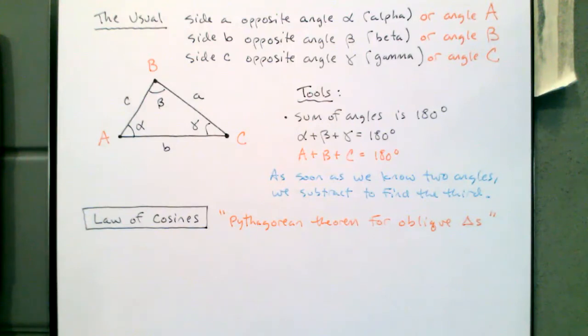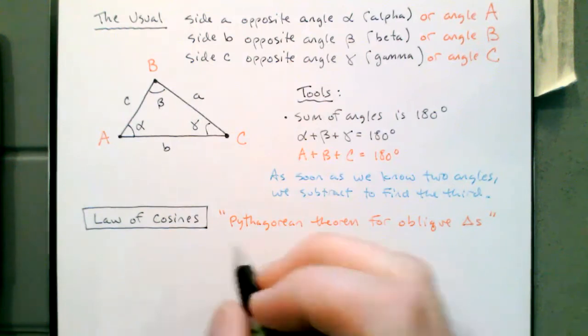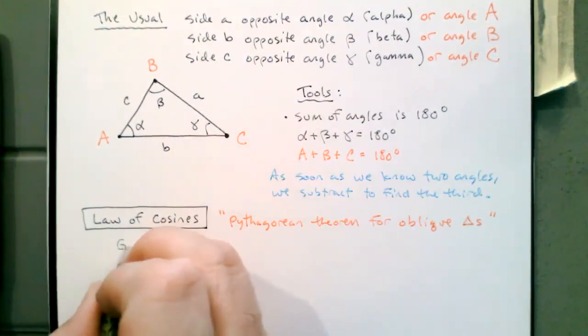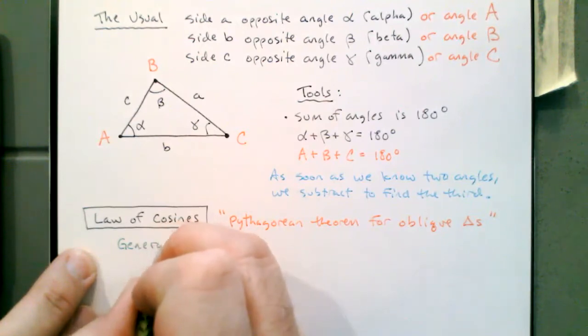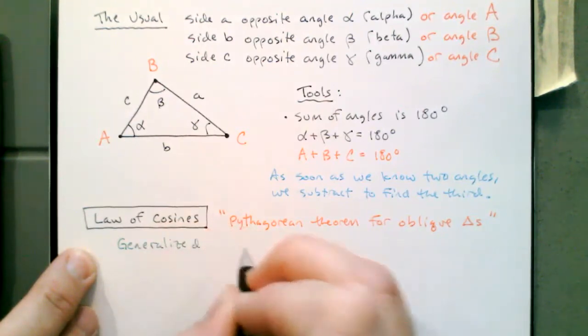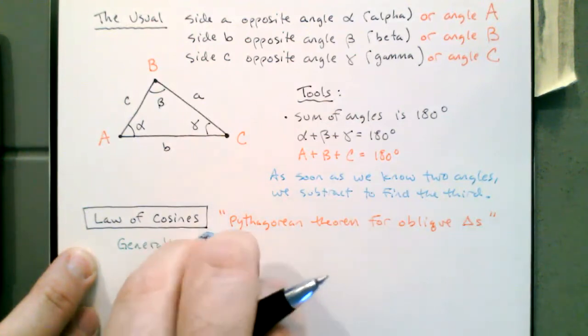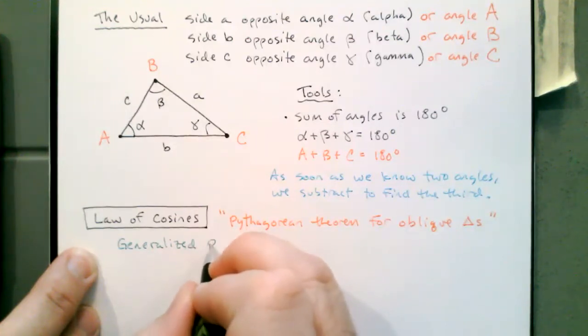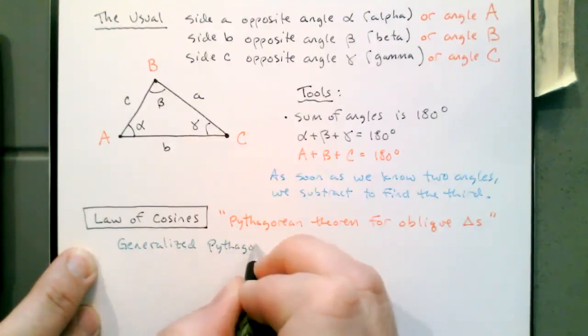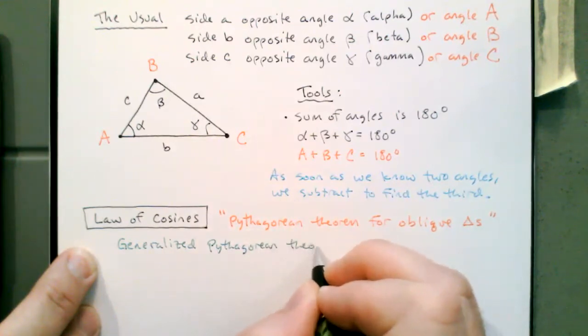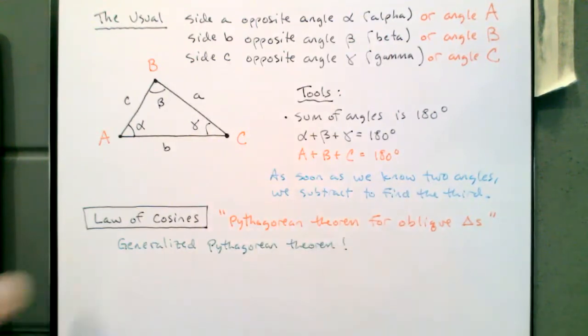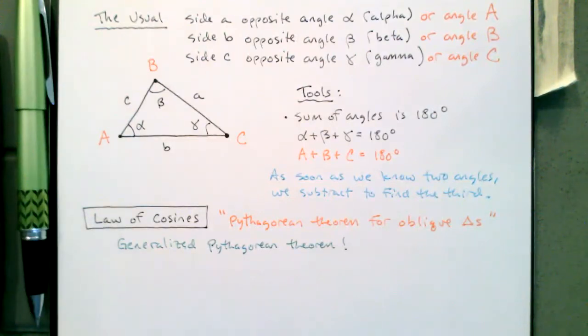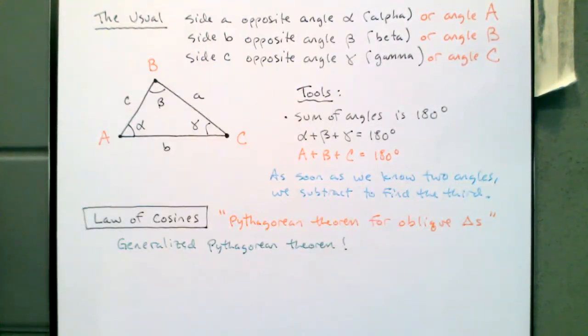It's the generalized Pythagorean theorem. So law of cosines is a generalized Pythagorean theorem.